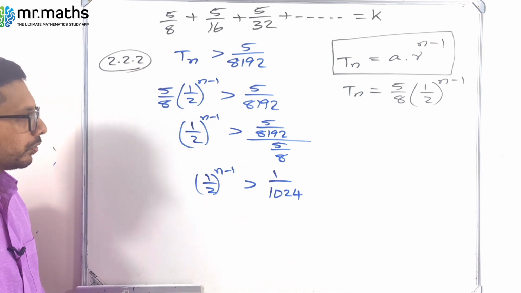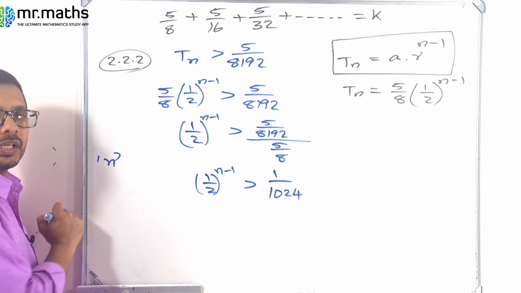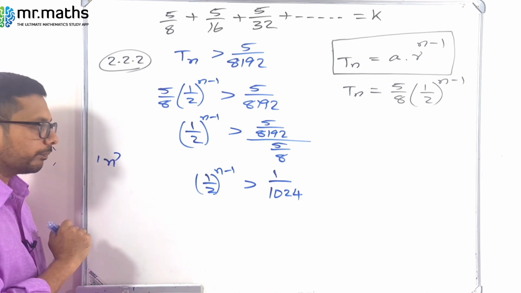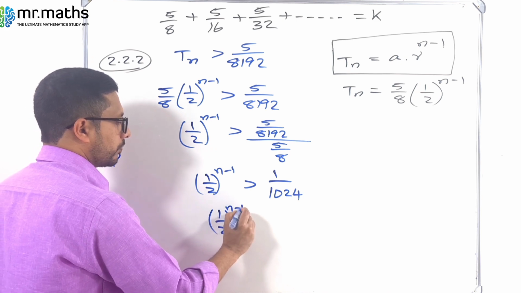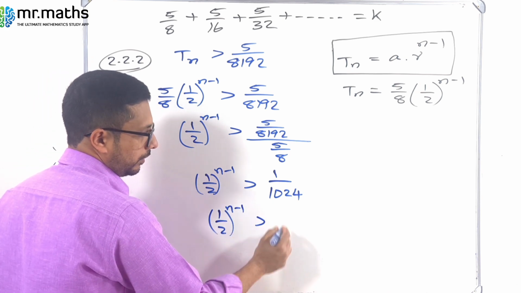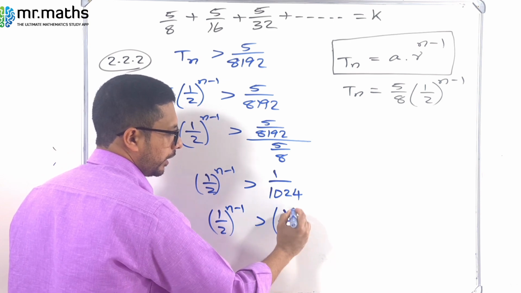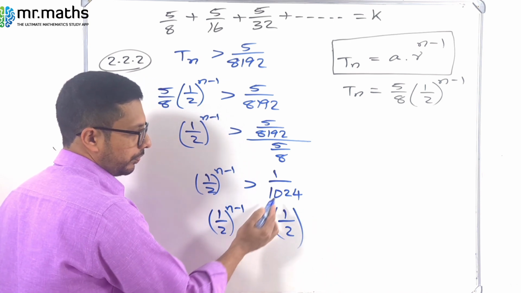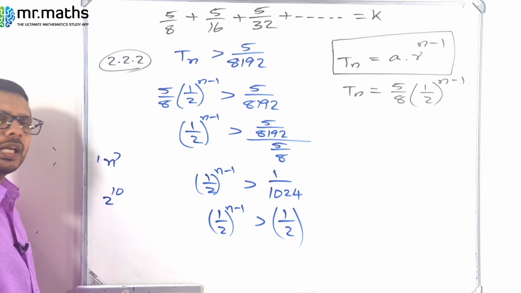Anyway, we have to find the maximum value of n, the highest value of n. So this 1 over 2 raised to n minus 1 is greater than 1024, what is that, guys? I can write it like this. Is 1024 not 2 raised to 10?